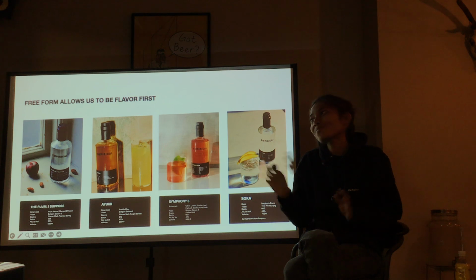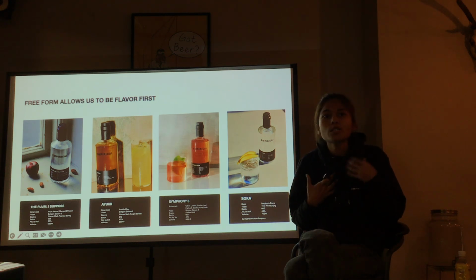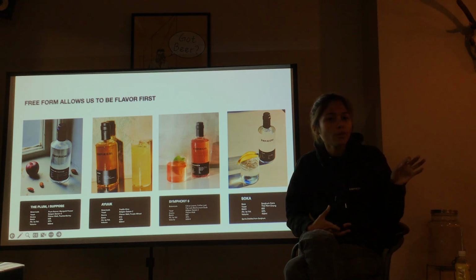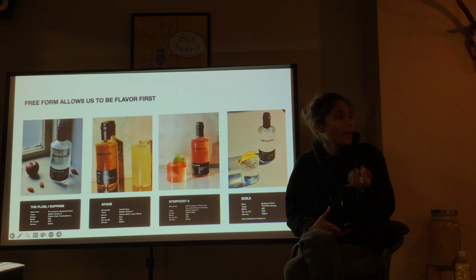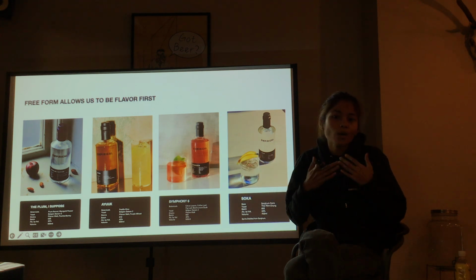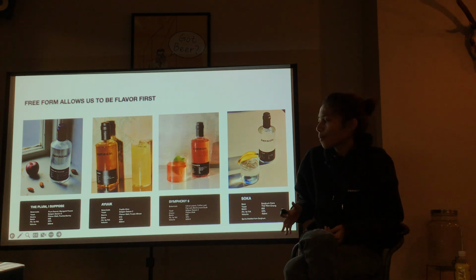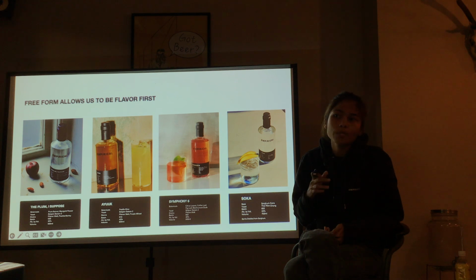To us, if we're flavor first, then the ABV shouldn't be 40. It should be where the ingredient we're working with is best expressed. For the plum, we get the perfect flavor at 32% ABV, so that's what it is.